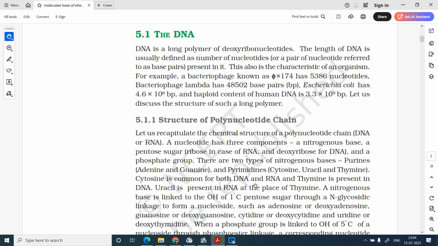Cytosine is common for both DNA and RNA, and thymine is present in DNA. Uracil is present in RNA in place of thymine. A nitrogenous base is linked to the OH of the first carbon of a pentose sugar through an N-glycosidic linkage to form a nucleoside, such as adenosine or deoxyadenosine, guanosine or deoxyguanosine, cytidine or deoxycytidine, and uridine or deoxythymidine.